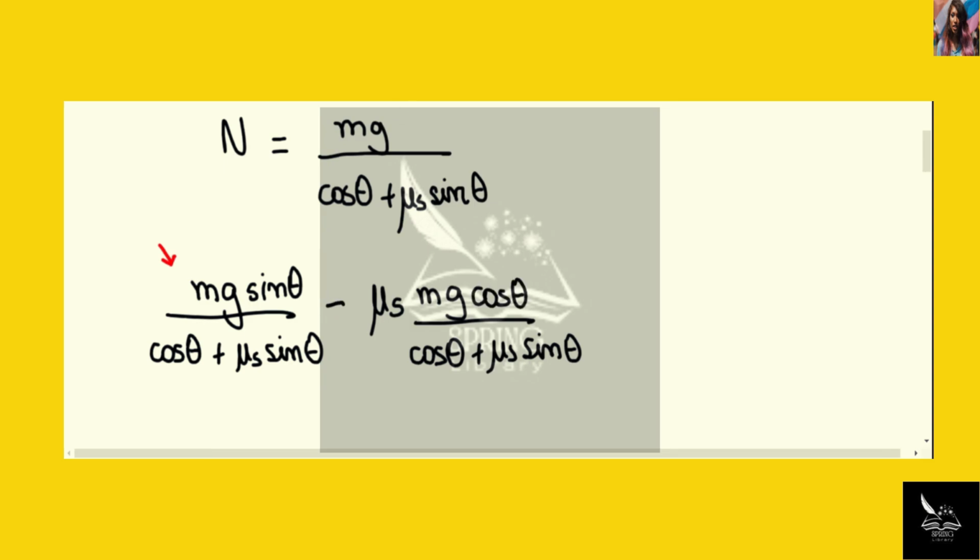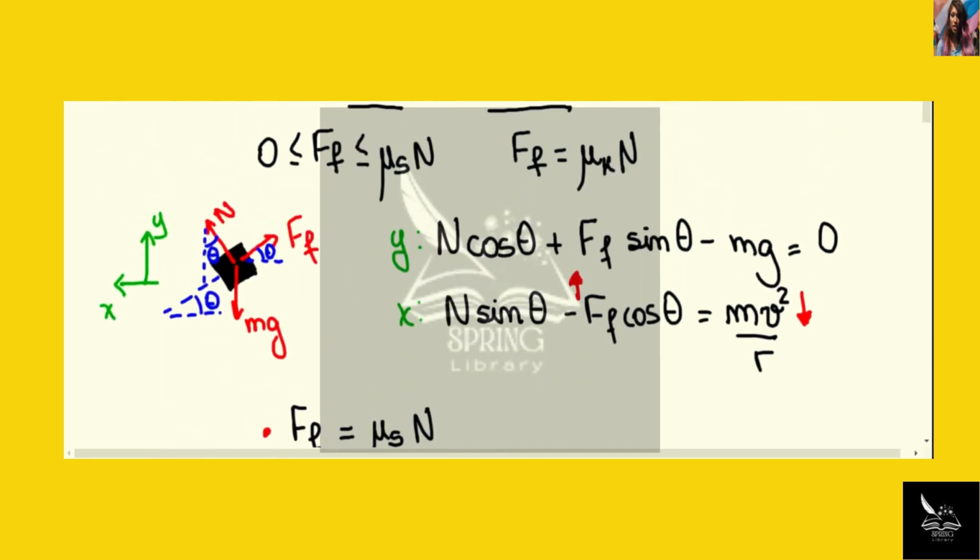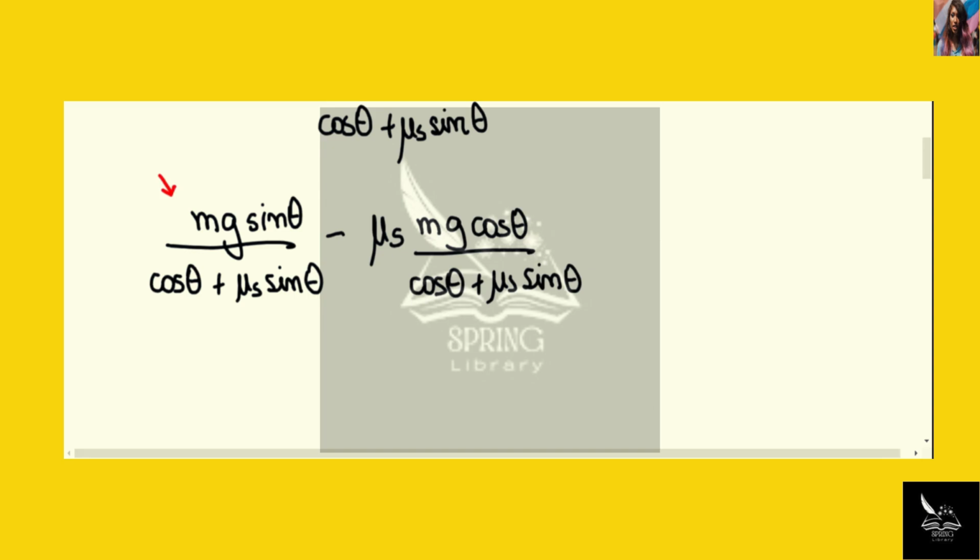So notice that now this is in accordance to the equation for the x-coordinate, and this is equal to mv squared over r. So this is just n times sine of theta minus the frictional force, which is mu s times n, times cosine of theta, and this is mv squared over r.